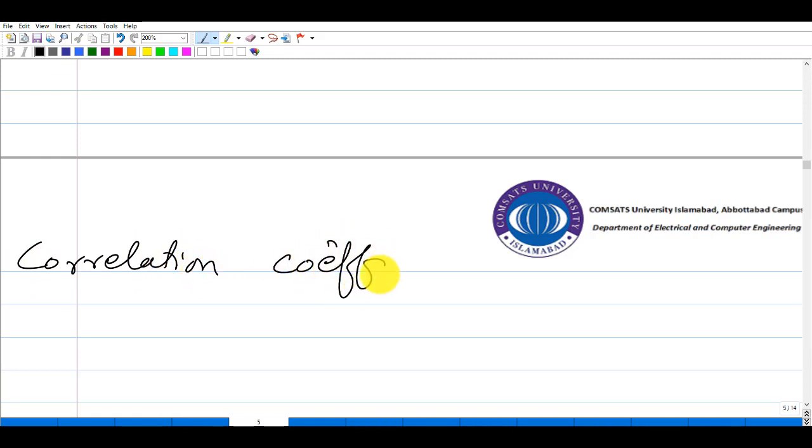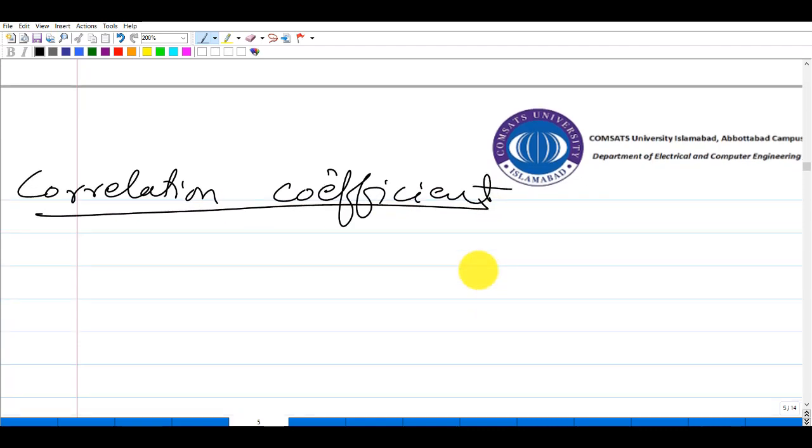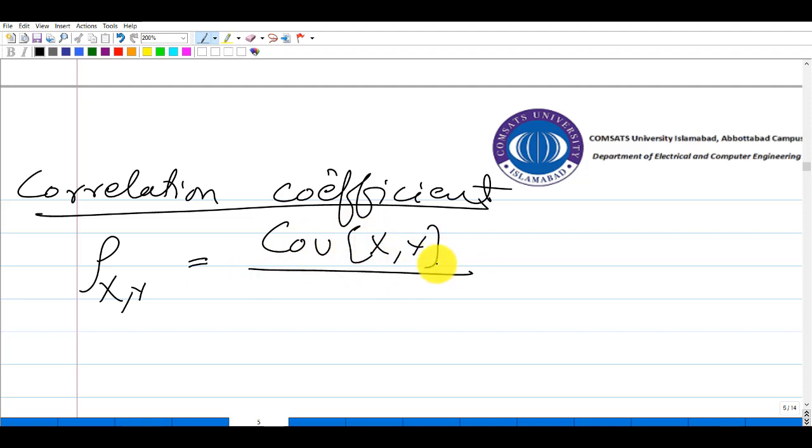The correlation coefficient is unitless because it's a ratio, so it has no units. It is defined as rho xy equal to covariance of xy divided by the square root of variance of x and variance of y.